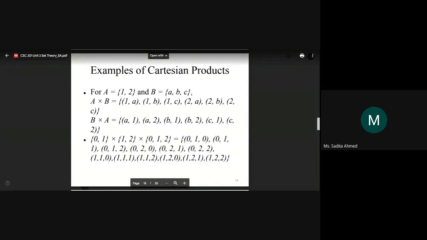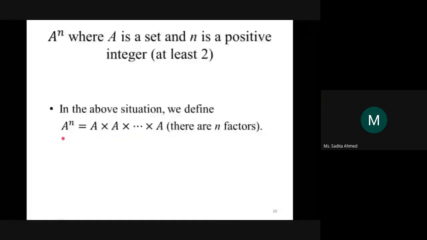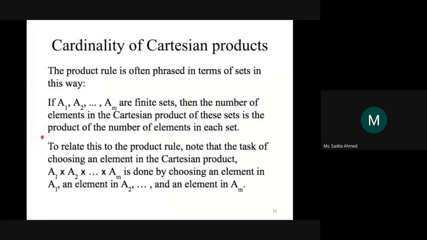Okay. So now, let's talk about the generic situation. What happens when you have any number of sets, and you want to find the size of the Cartesian product of them? How do you do that? Let's say we have the sets A1, A2, A3, and so on until AM.